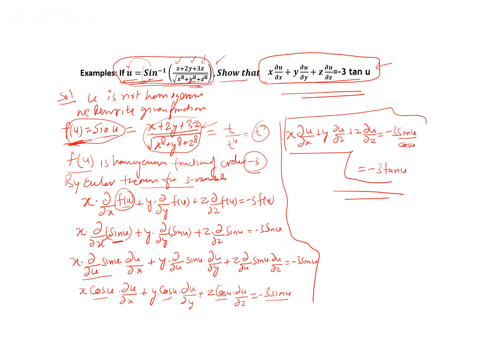So Euler stated that x times the partial derivative of that function with respect to x plus y times the partial derivative with respect to y plus z times the partial derivative with respect to z is 3 times that function. So use that concept, and you can simplify or show that equation by using Euler's theorem.